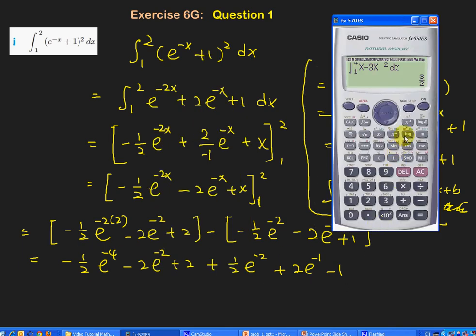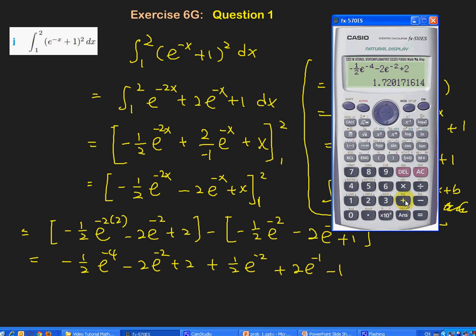Okay, I'm going to clear the screen, and so what we do is we're looking at this e, so it's e to the power of negative 4, right, and minus 2 to e to the power of negative 2 plus 2. I'm going to start with the first part and continue.